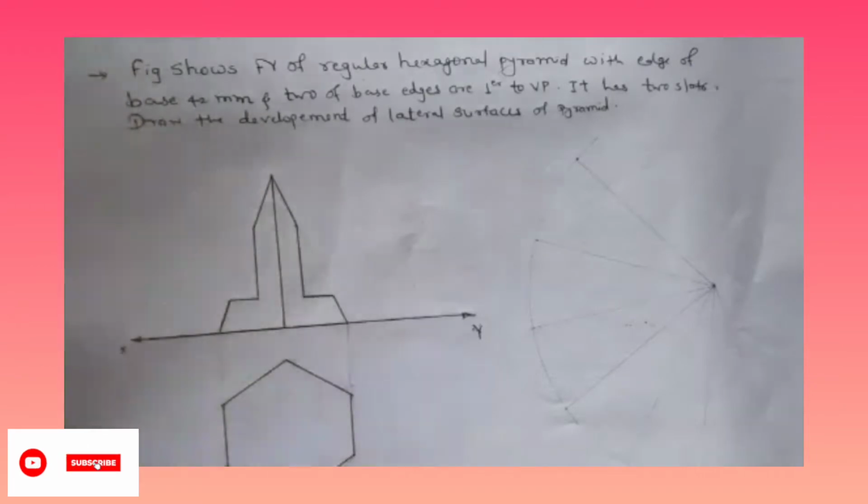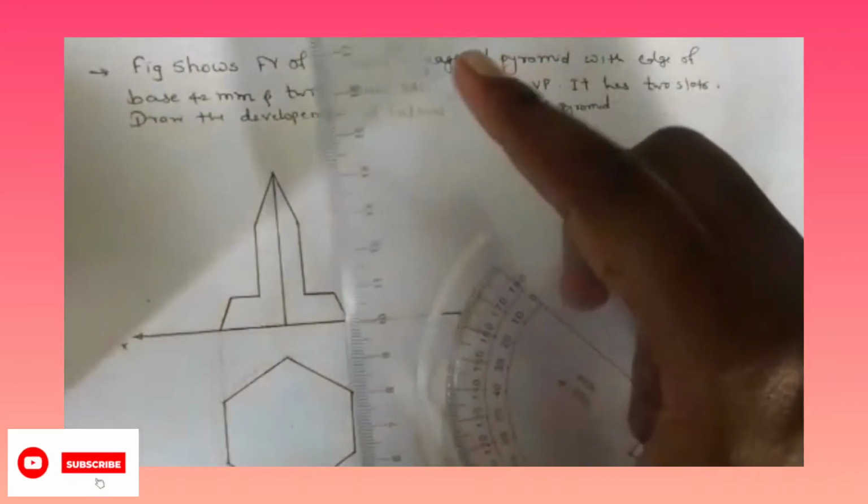Now as it is a pyramid, we have to join all the corners of this hexagon to its center.